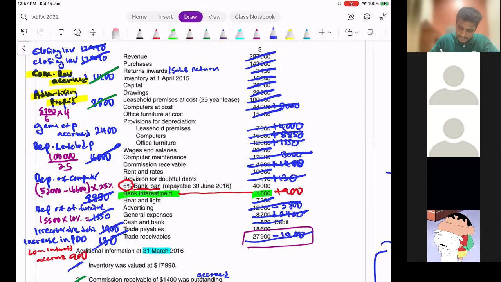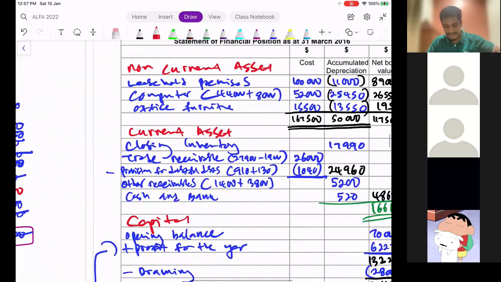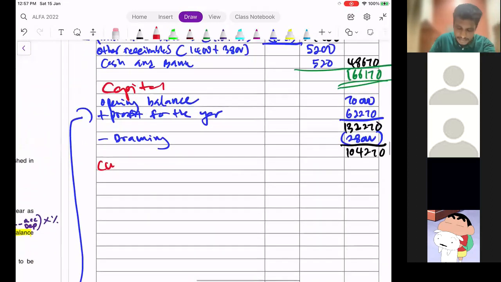Today's date is 31st March and you will pay back on 30th June 2016, same year. So it's within 1 year, right? Within 1 year means it's a current liability. After 1 year means if you pay back after 1 year, then it's non-current liability. So this question, we don't have any non-current liability. So we straight away write current liability.